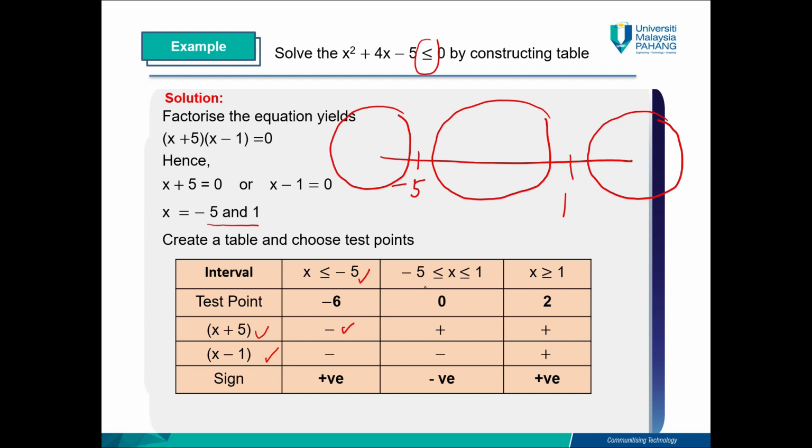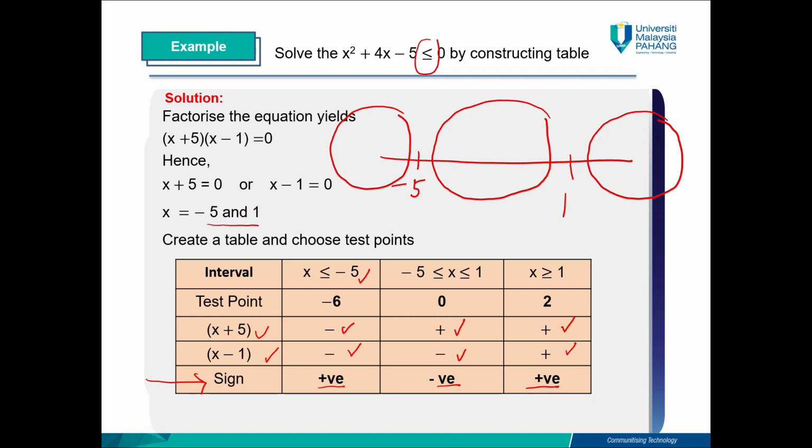For the values between minus 5 and 1, for example 0, we plug into this one and we have positive, and repeat the same thing for the rest of the intervals. And lastly, we multiply those signs. For this case, minus minus, we have positive, plus minus, we have negative, plus plus, we have plus.